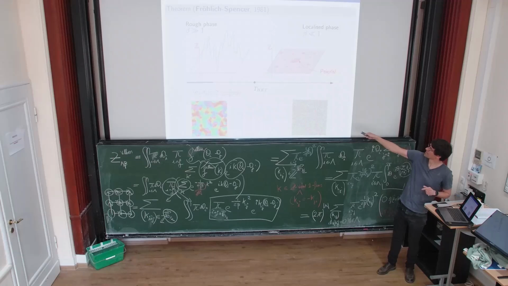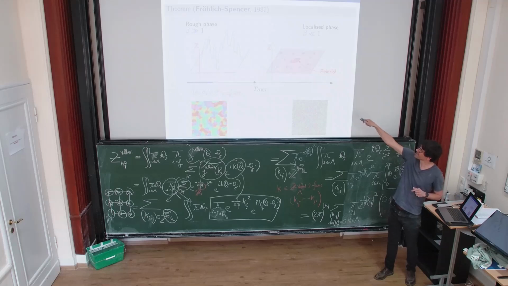So I have now justified that the partition function of this Villain model, whatever the temperature is, is given by the partition function of something which to each plaquette of my graph assigns an integer.